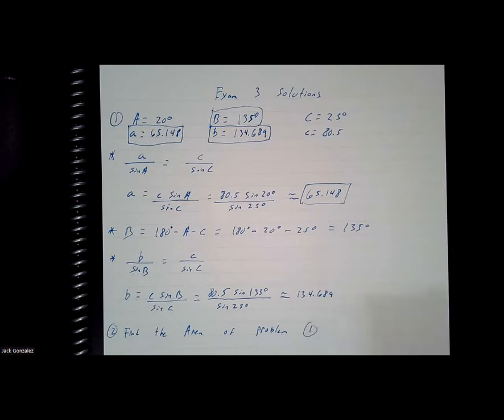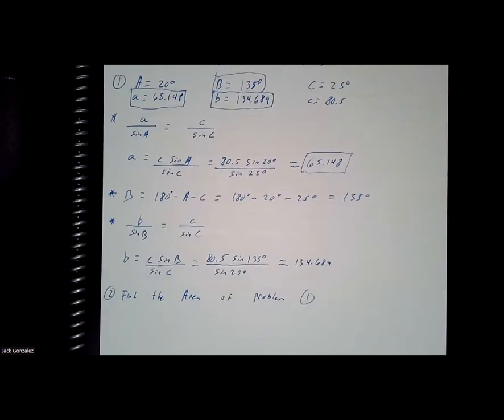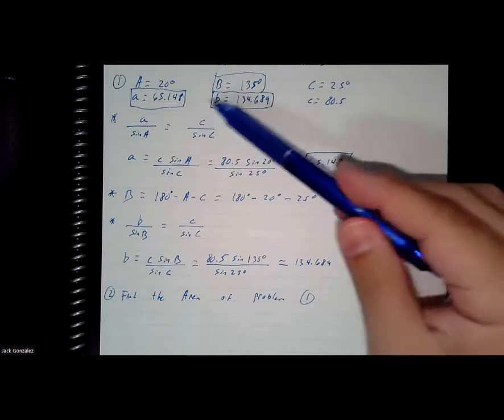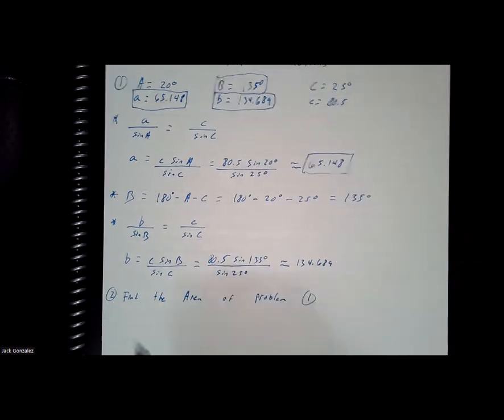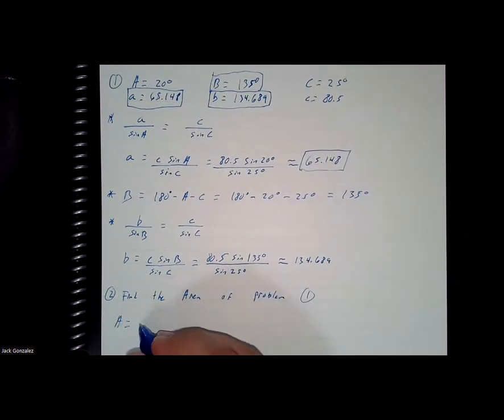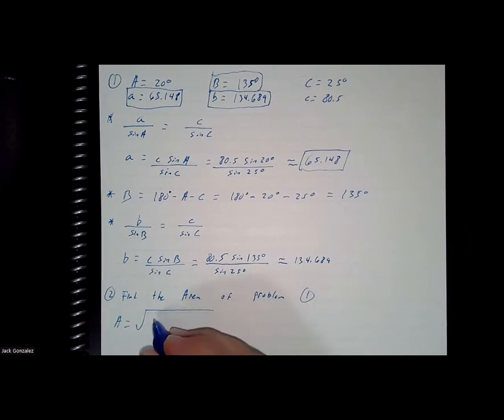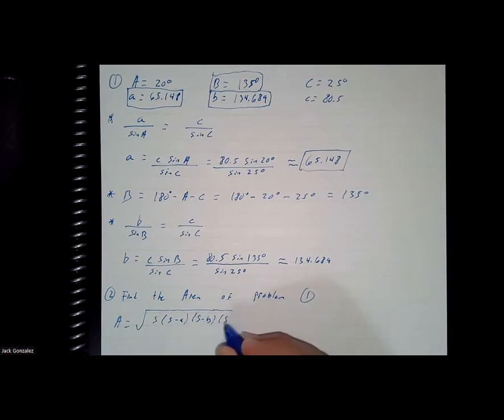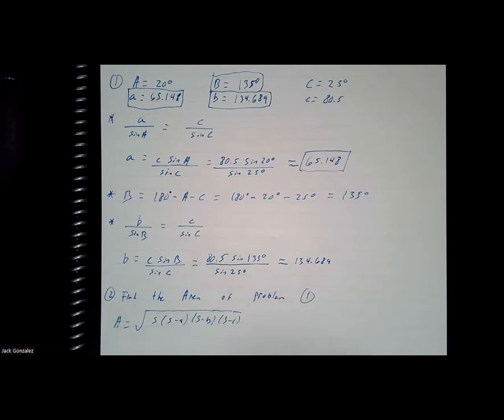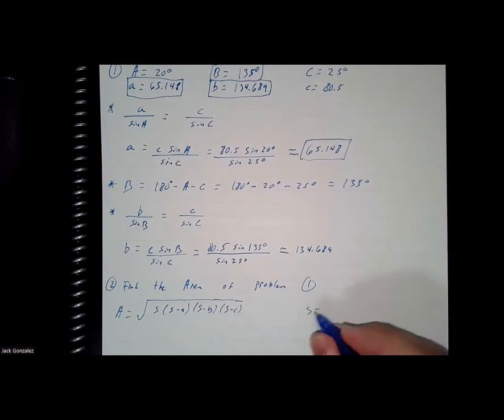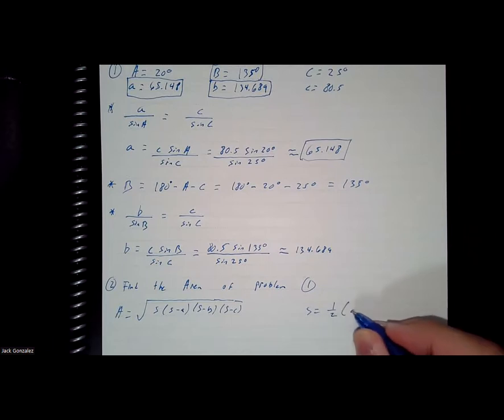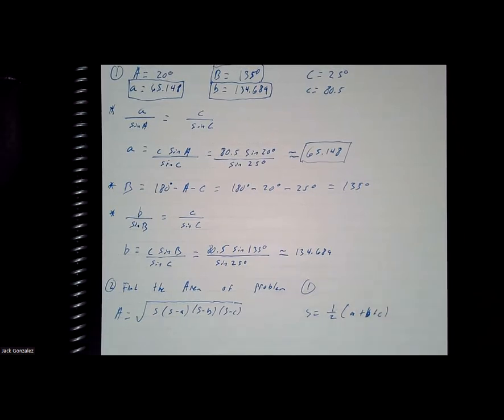With problem 1, all you need is these 3 sides to do so. So you gotta find these first, right? So area using Heron's formula is equal to the square root of S times S minus A times S minus B times S minus C, where S is equal to 1/2 times A plus B plus C. Okay.